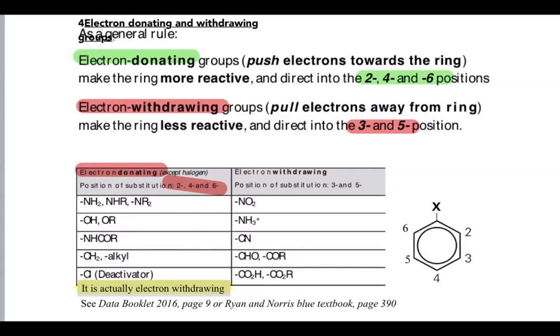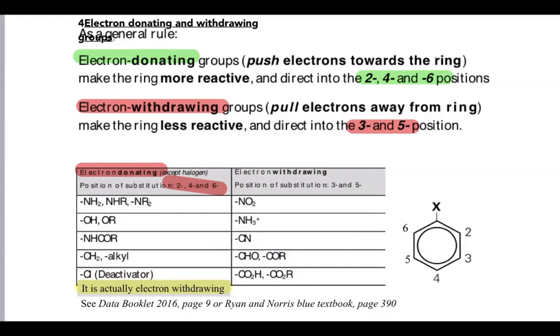Chlorine is actually an electron withdrawing group, but it activates 2,4,6. There is an explanation that you don't need to know for your syllabus, but one thing you need to know is Cl is the only electron withdrawing group that activates the 2,4,6 positions.